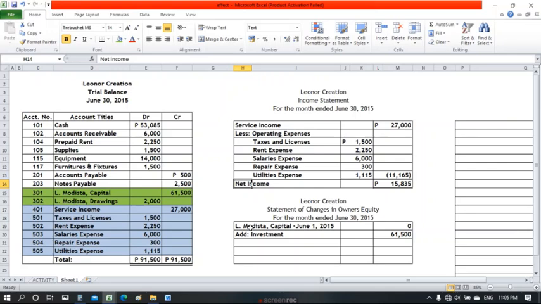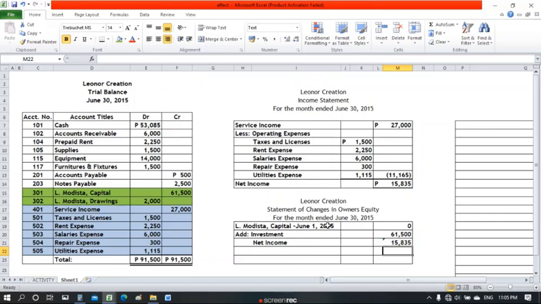But if it's a net loss, in the less section. So net income, under pa rin siya ng add. So amount is 15,835.